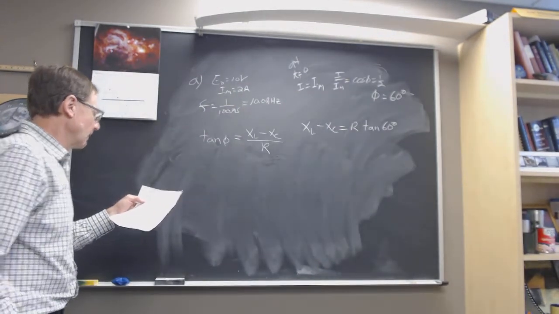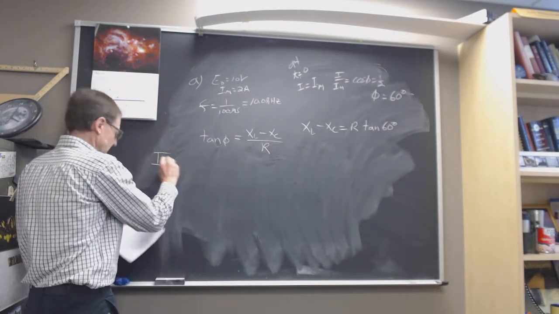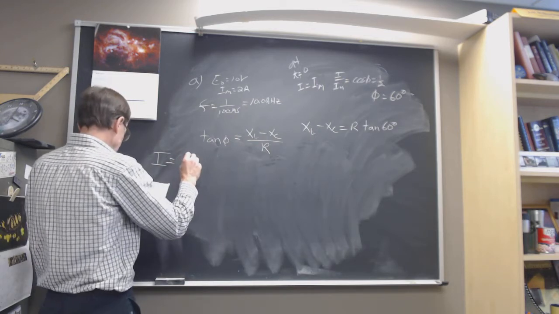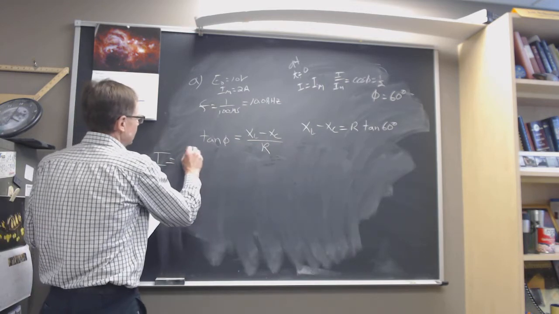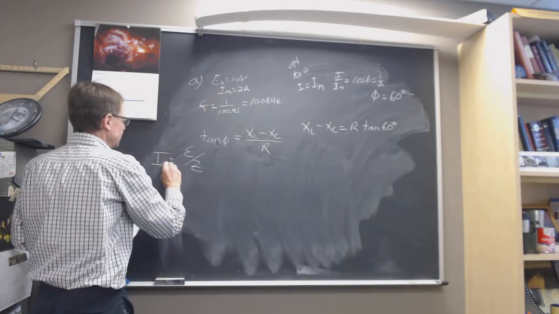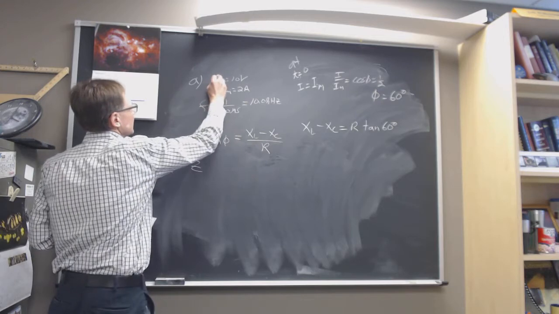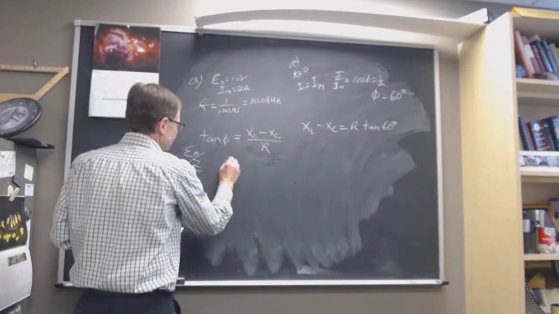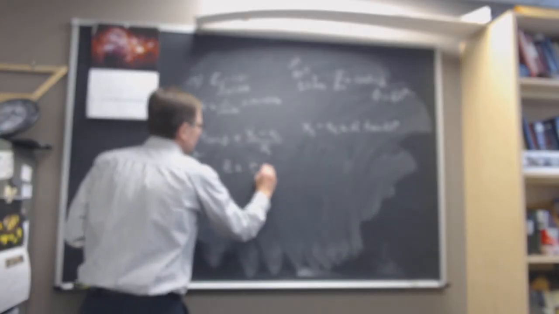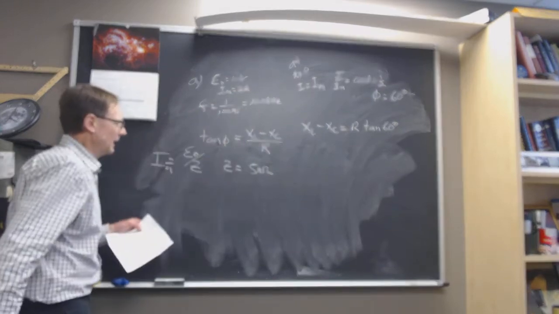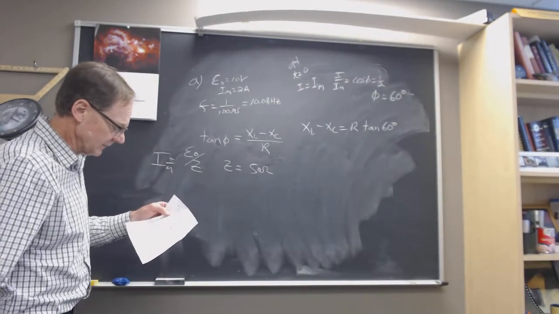Okay, and we also know that the current I has to be equal to the EMF of the driver divided by Z. And so I max has to be E naught divided by Z. And so we get that Z equals 5.0 ohms from that right there. So that's our impedance, 5 ohms.